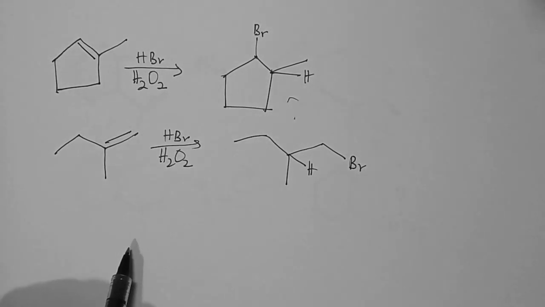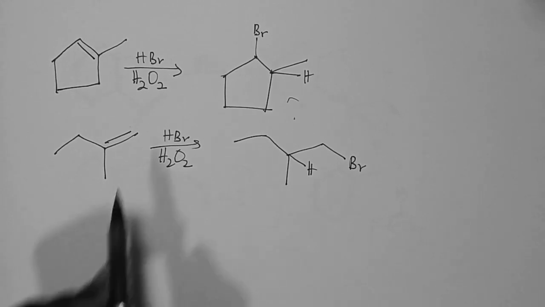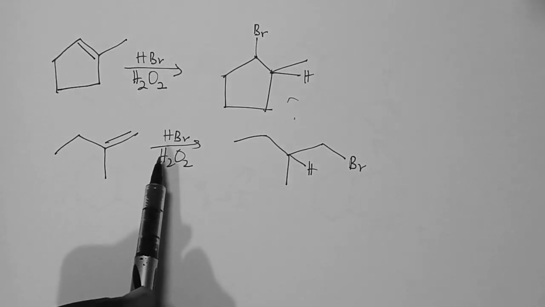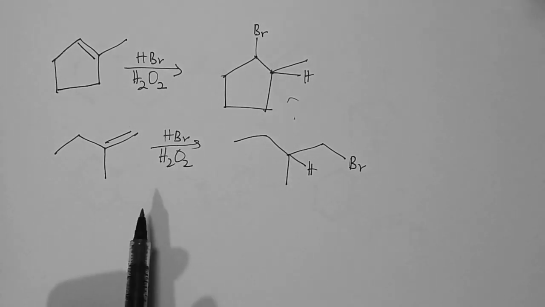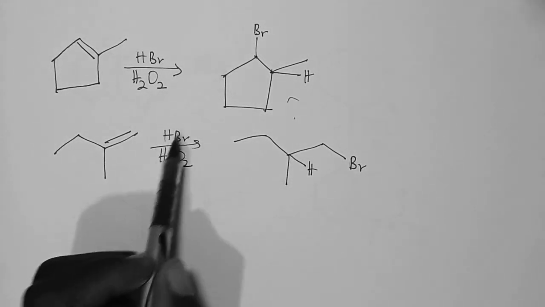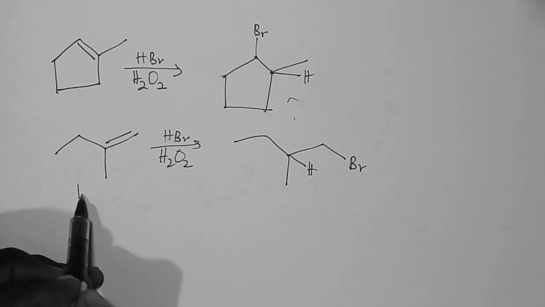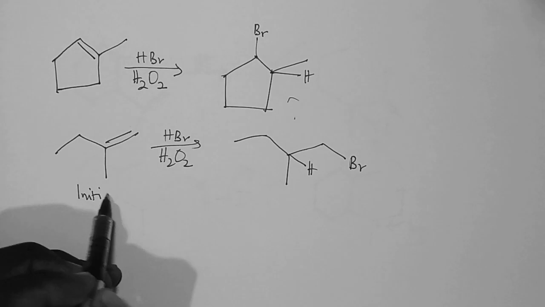Now, let's show with a reaction mechanism why it forms in this manner. The difference between the Markovnikov's product and the anti-Markovnikov's product in terms of their reaction is that the anti-Markovnikov's product follows a radical reaction. And in radical reactions, we have the initiation step.